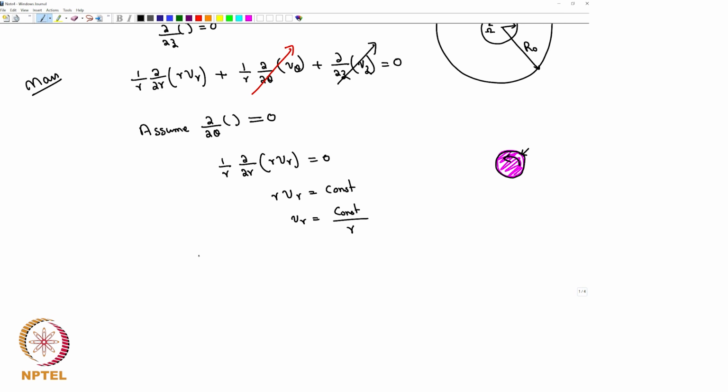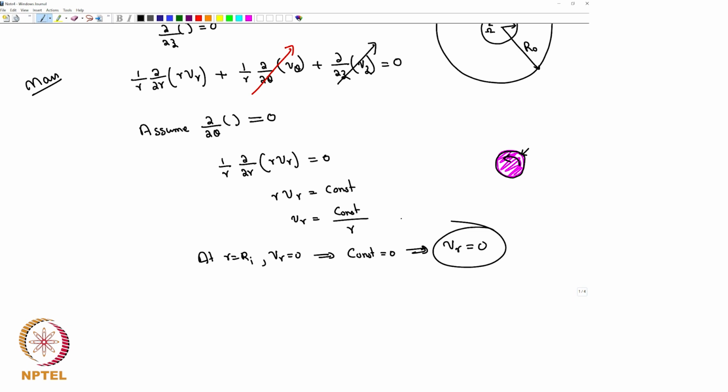So, V r on the surface of the cylinder has to be 0. We can impose that condition and say that at r is equal to Ri, the radius of the inner cylinder, V r is equal to 0, and that implies the constant is equal to 0, and that means V r has to be 0 everywhere in the fluid domain.